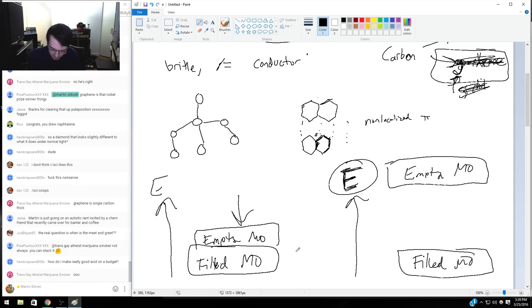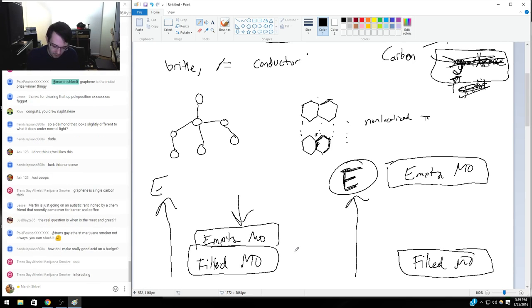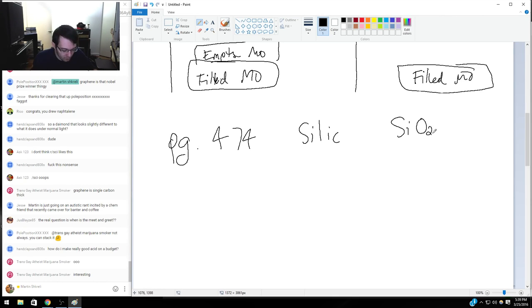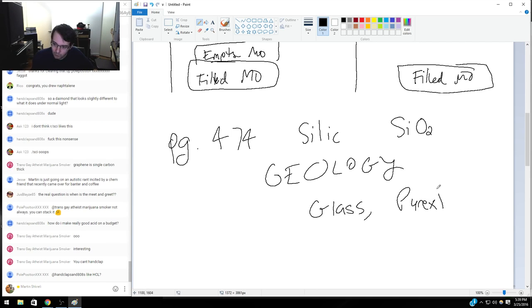All right, so the book tends to talk about all of these different materials. And again, I don't think it's worth learning. So page 474, you can learn about silica, which is SiO2, and a lot of glass and things like that in geology come from silica. So it talks about glass and pyrex, which is kind of a cool kind of glass.